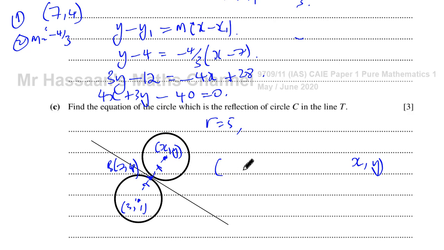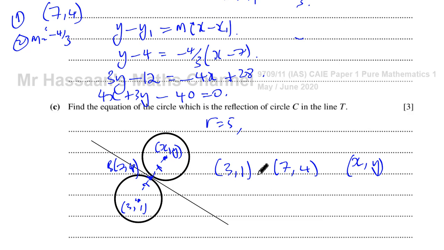The initial point is going to be this point here, which is 3, 1. And exactly halfway between these points is a point B, which is 7, 4. So if I can find the value of x such that this is the midpoint between these 2 points, and the same for y, I have found the coordinates of the center of this new circle, and then I can find this equation very easily.